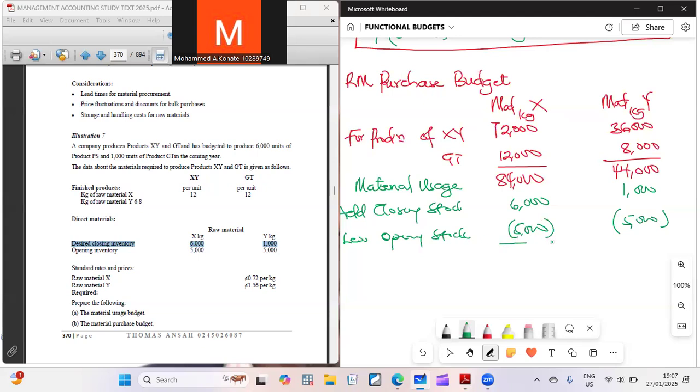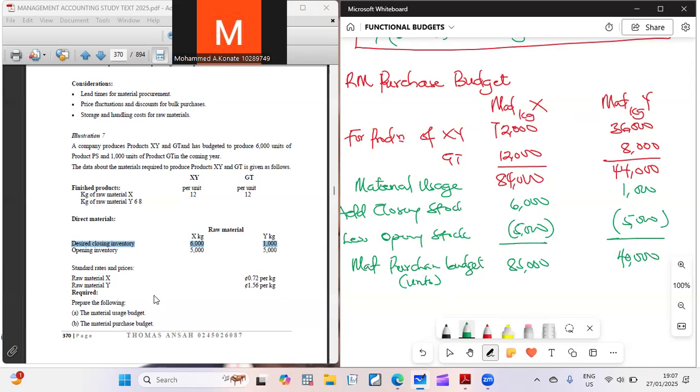So what will be the quantity to purchase? Material purchase budget in units. So this one, clearly, this is like 85,000. And this is like how much? Yeah, 40,000.